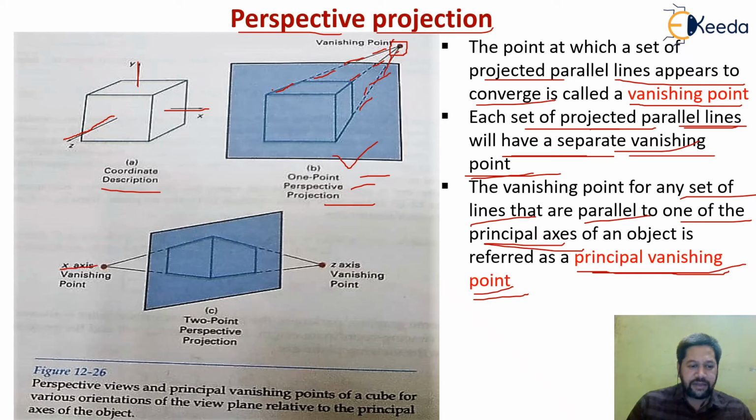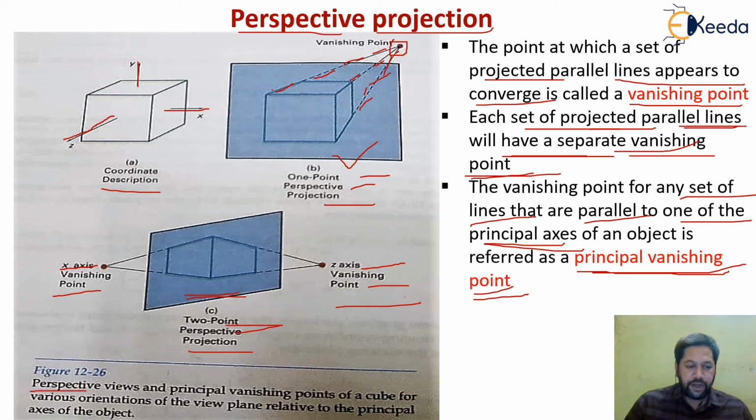This may be the x-axis vanishing point, here I may have the z-axis vanishing point, and I have my perspective view with two vanishing points, a two point perspective projection. In this case, my object will look something like this. So that is what this last diagram explains.